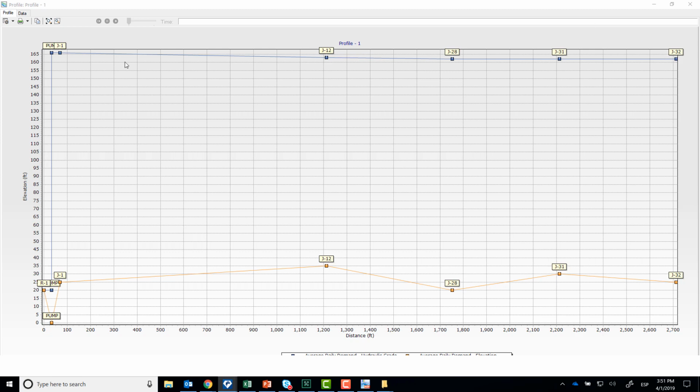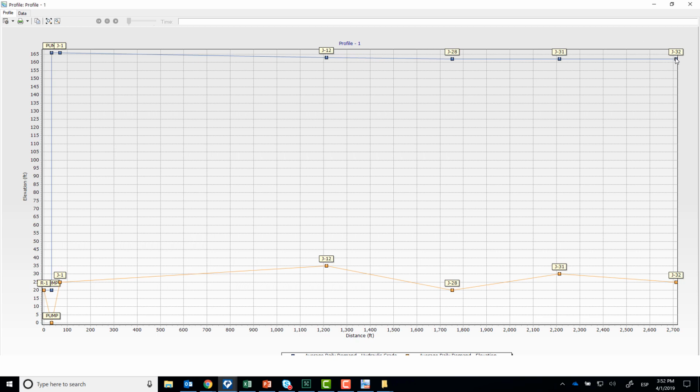So if I'm looking between pump, if I just look at the blue line, which is my hydraulic grade line, everything makes sense, right? That as I move away from my reservoir, the hydraulic grade line is going to slope downwards because there are head losses, right? So I lose energy transporting the water from the pump all the way to J32.